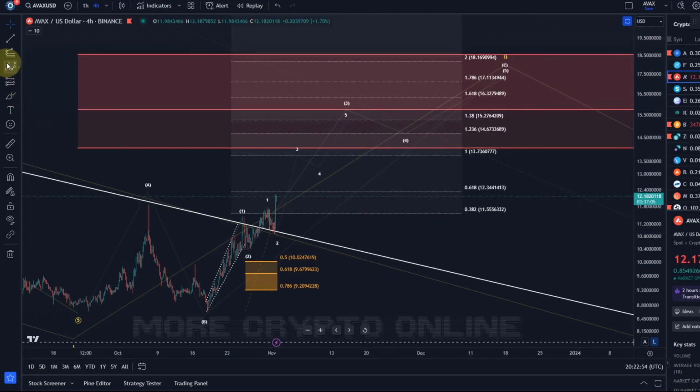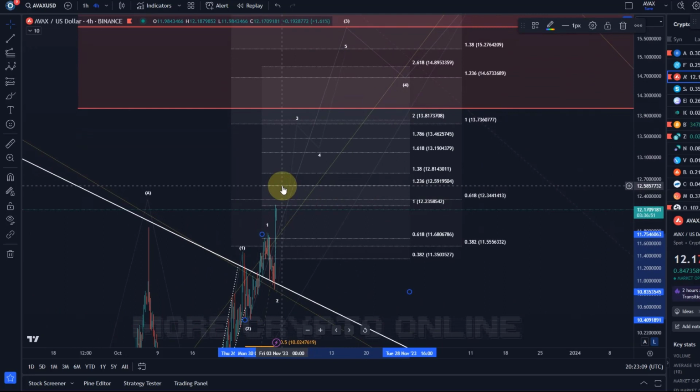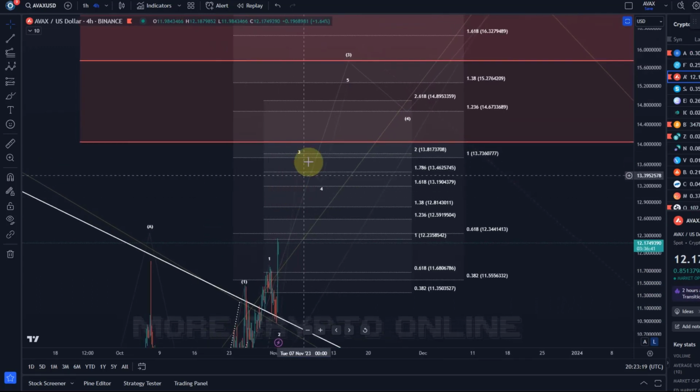We can also use the subwave structures of that smaller degree. Then wave 3 of 3 would need to reach a minimum of 12.59. Minimum, but it should get there. I mean, they can stretch out higher. The 1.618 extension is common, $13.19, and then we'll see how this fills in.